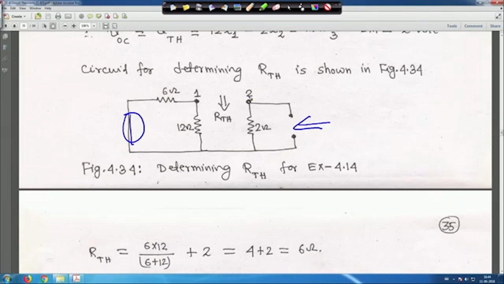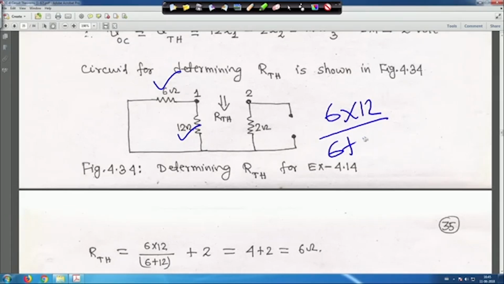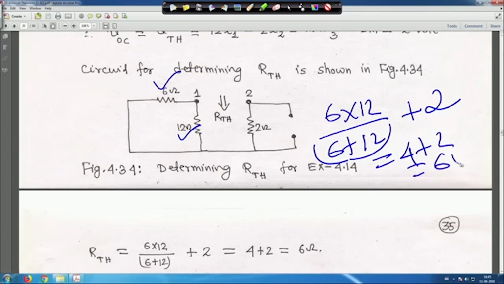In this case, 6 ohm and 12 ohm are in parallel, that means 6 into 12 divided by 6 plus 12, which is 4. With that, this 2 ohm is in series, so 4 plus 2 is equal to 6 ohm. So, R Thevenin is equal to 6 ohm.